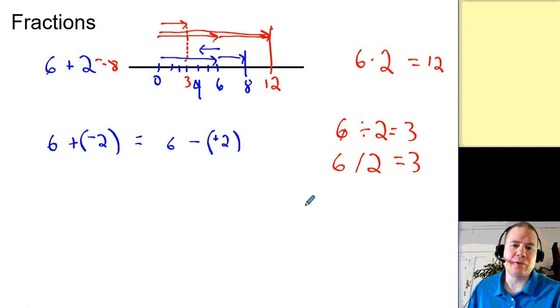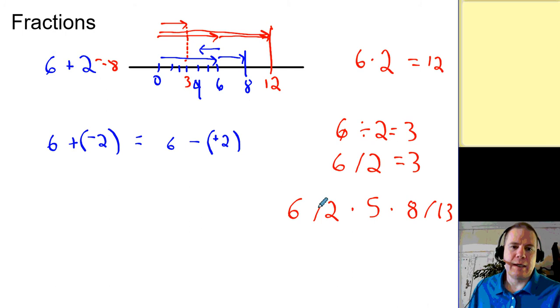If I have a bunch of numbers all together, 6 and 2 and 5 and 8 and 13, if some of these are slashes and some of them are multiplication, it's a little bit confusing as to what's making it bigger, what's making it smaller. Okay, so I've made it half the size, then 5 times bigger, then 8 times bigger, then a 13th smaller.